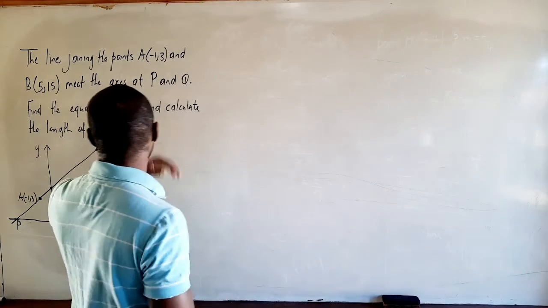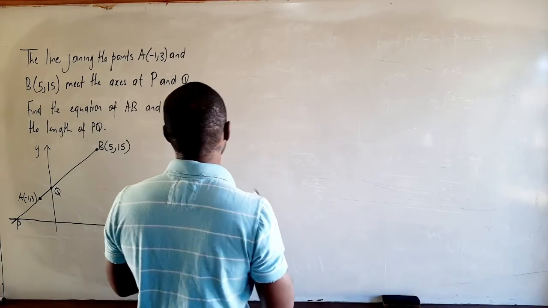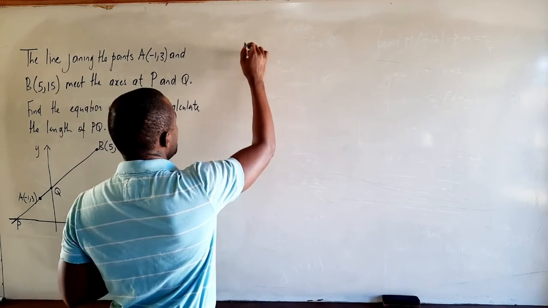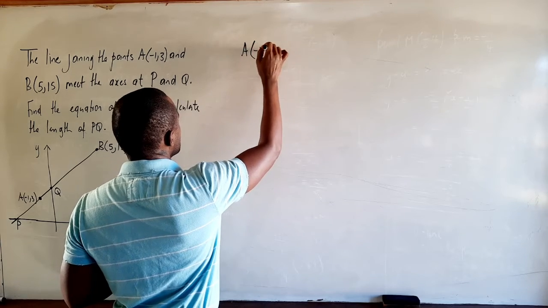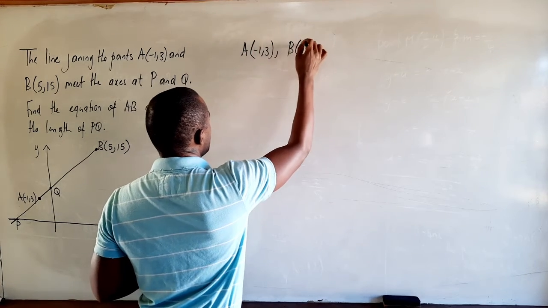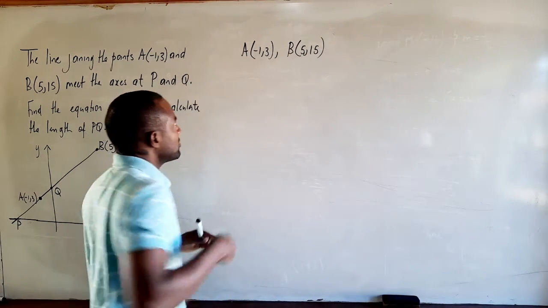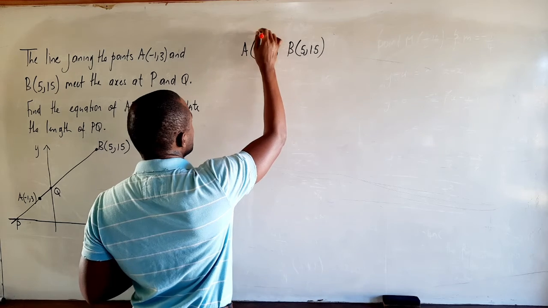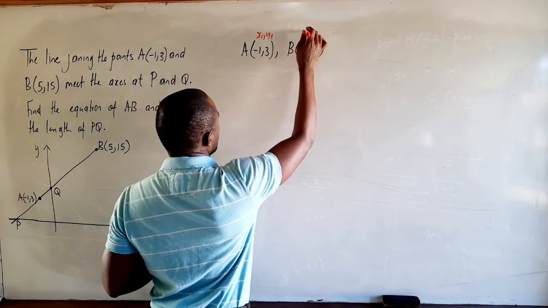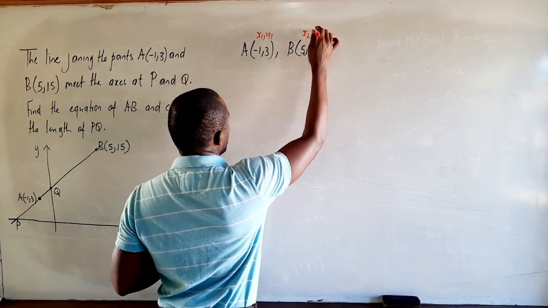So we'll write down the coordinates of the points A and B. We have A, which is (-1, 3), and B, which is (5, 15). Let's call this point x1, y1, and this point x2, y2.